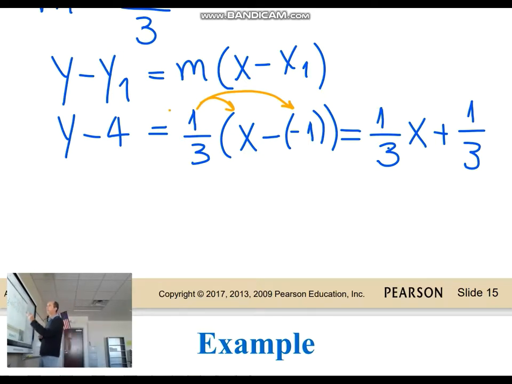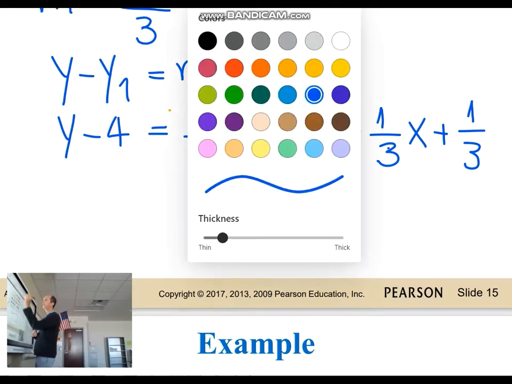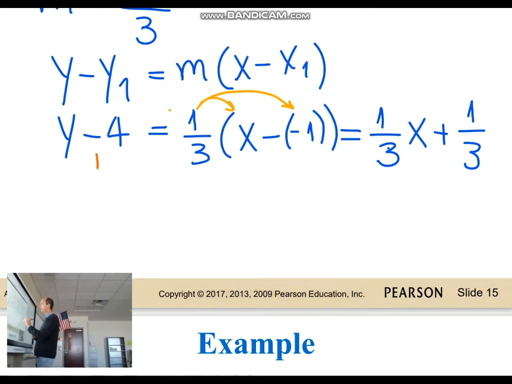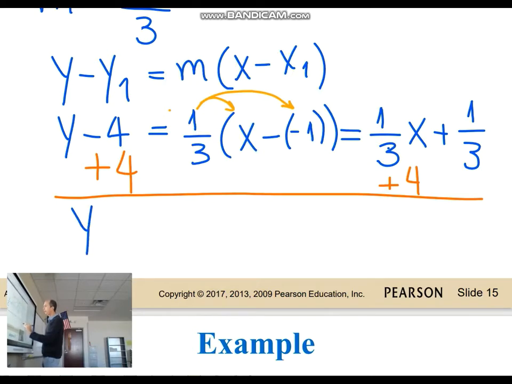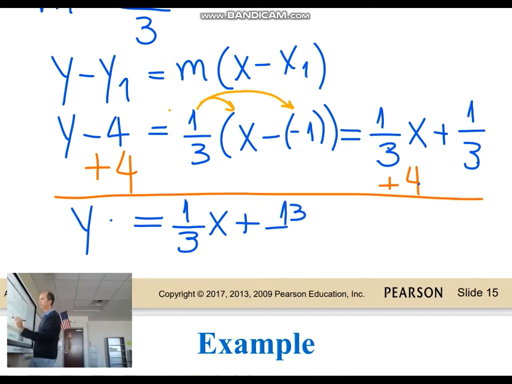Another thing that we can do is apply the addition property of equality, adding 4 on both sides. We will have y equals 1 over 3 x plus 4 times 3, 12, plus 1, 13 over 3.